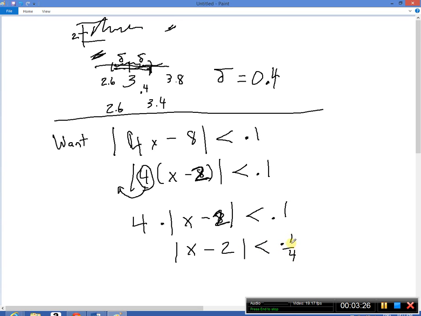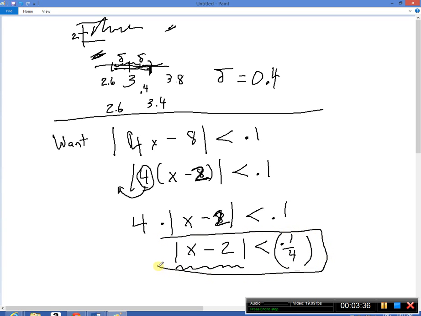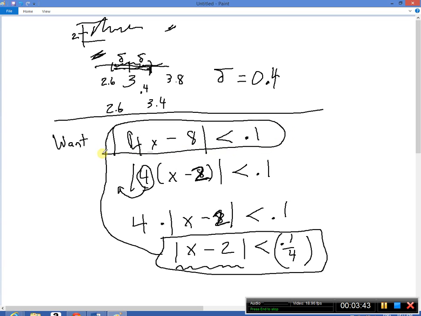Now, if you read this in English, this says the distance from x to 2 is less than that number. But this inequality is mathematically equivalent to what we started with, and what we started with is what we want. So in other words, if I can make this inequality true, then this inequality becomes true automatically.